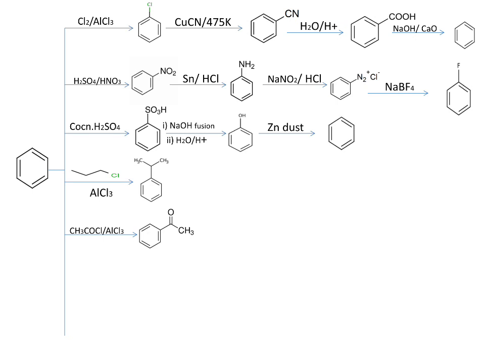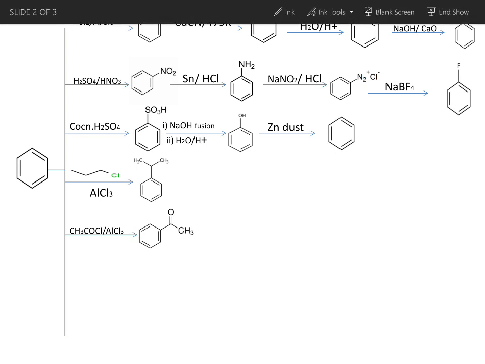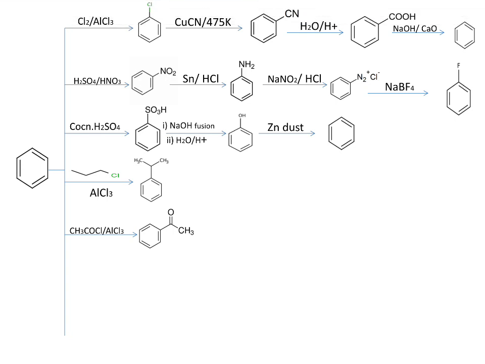Next, by Friedel-Crafts alkylation, we have formed isopropyl benzene. Now we know that isopropyl benzene is also called cumene. This cumene further is reacted with oxygen followed by hydrolysis.